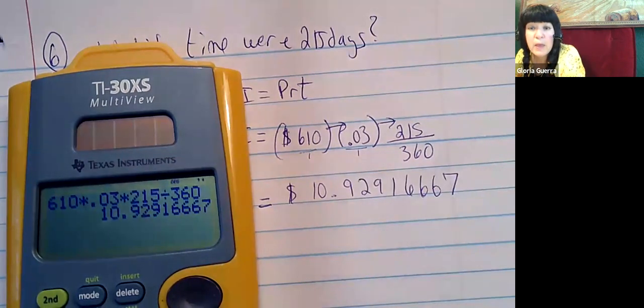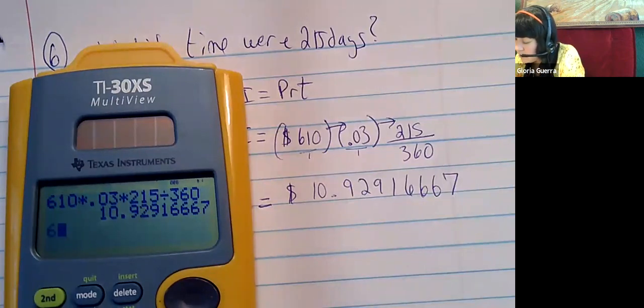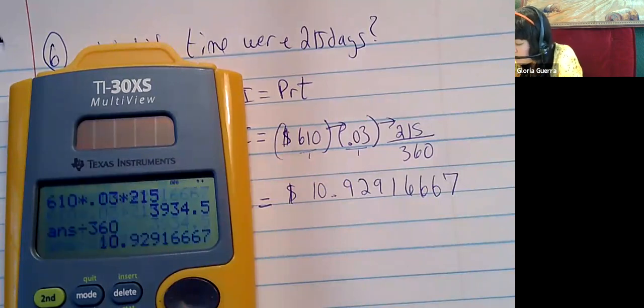And if I do 610 times 0.03 times 215, I hit enter, and then I divide it by 360, I should still get the same thing. See, I do. Okay, and then let's say I round that to the nearest cent.